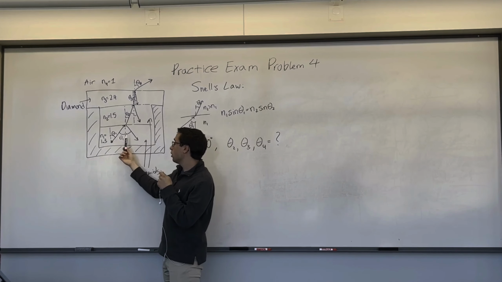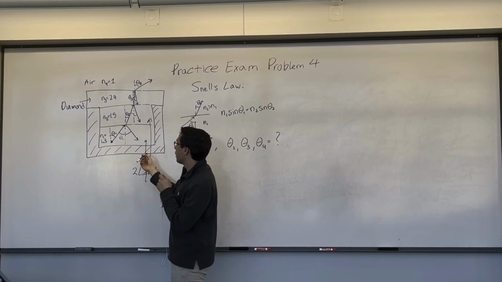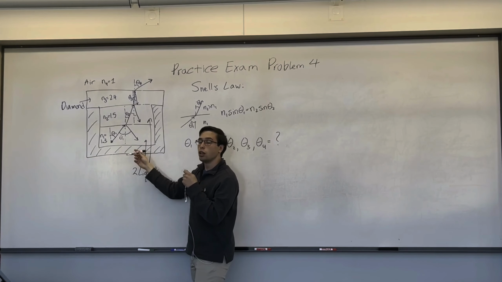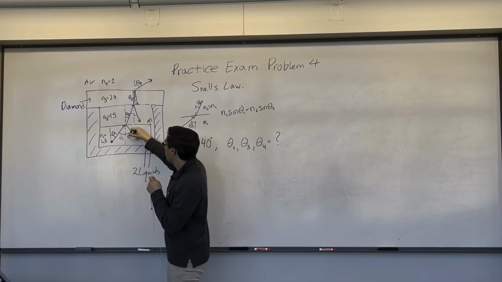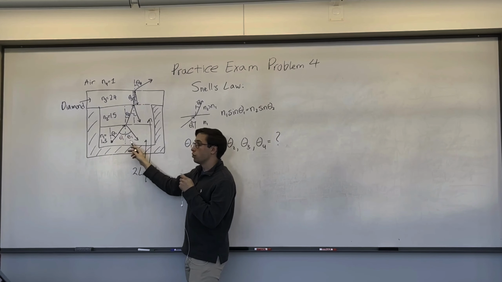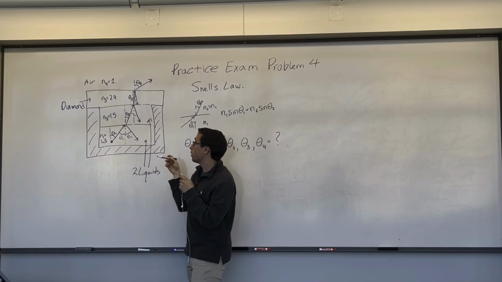Got 2 parallel lines, and so these 2 angles have to be the same. The process of reflection physically is described by the angle, the incident angle being the same as the outgoing angle to the vertical. So all 3 of these angles are theta 1.